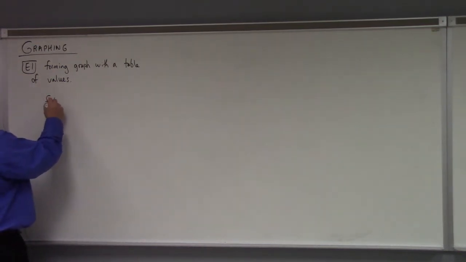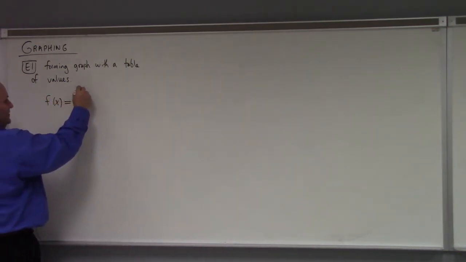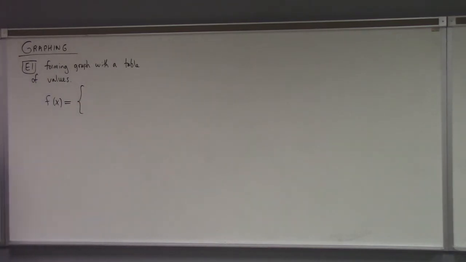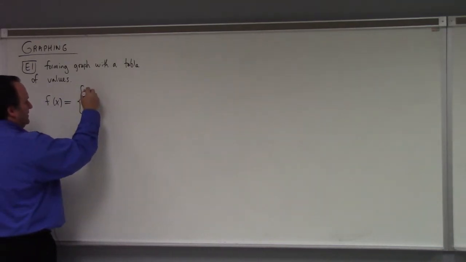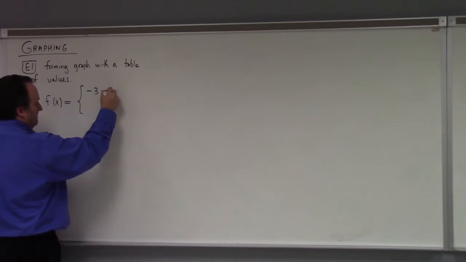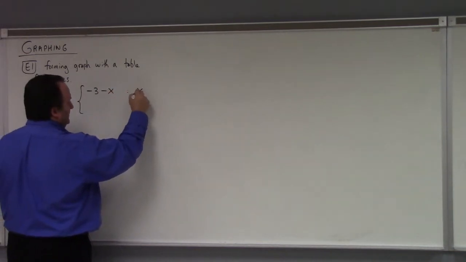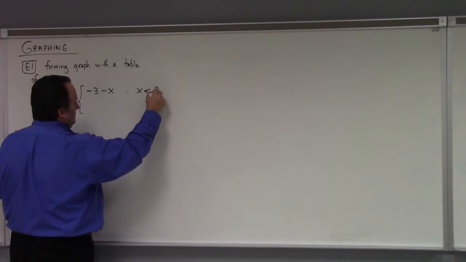We're going to graph f of x. And because we need work on this, I'm going to use what's called a case-wise definition. All right. So case-wise definition means you define the formula in cases. So what I'm going to do is something like, I don't know, -3 minus x, and that's for x less than 2.